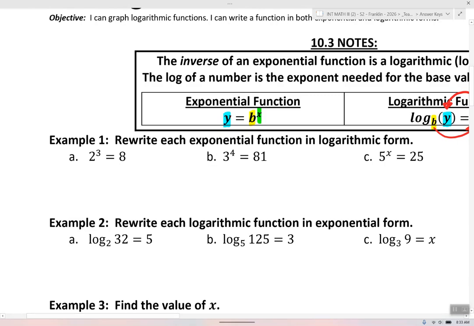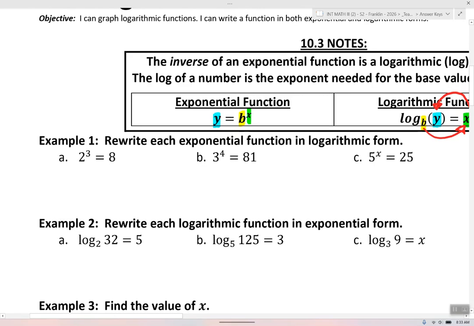We have 2 to the third power equals 8. So this is going to be a log with base 2. That's the base of the power. Log base 2 of 8 equals 3. So you see how the numbers just kind of get rearranged. But in general, after you're done, you've got to think 2 to the third power equals 8.